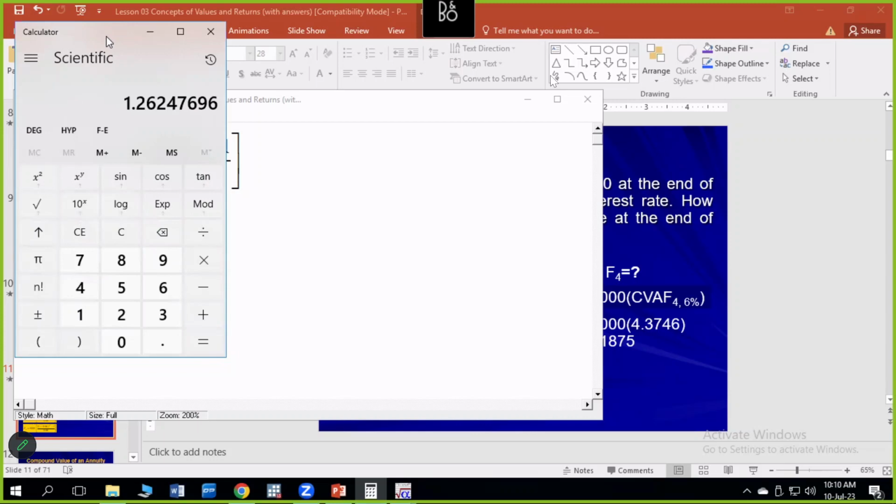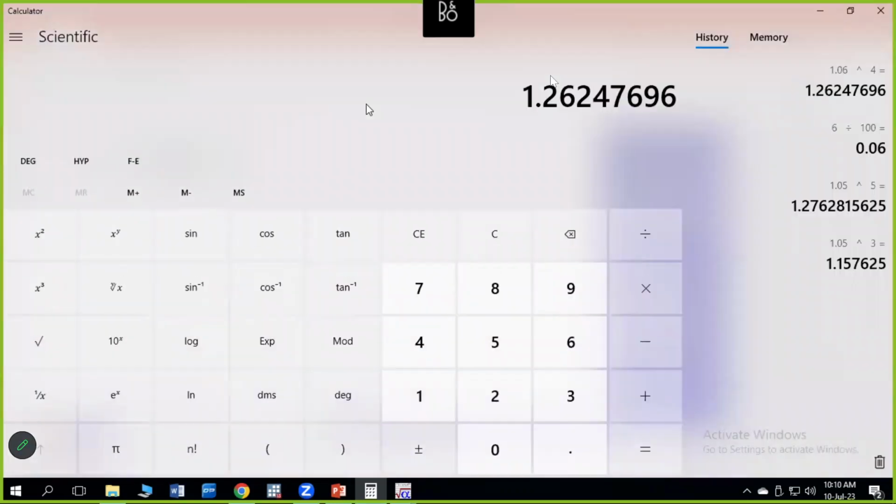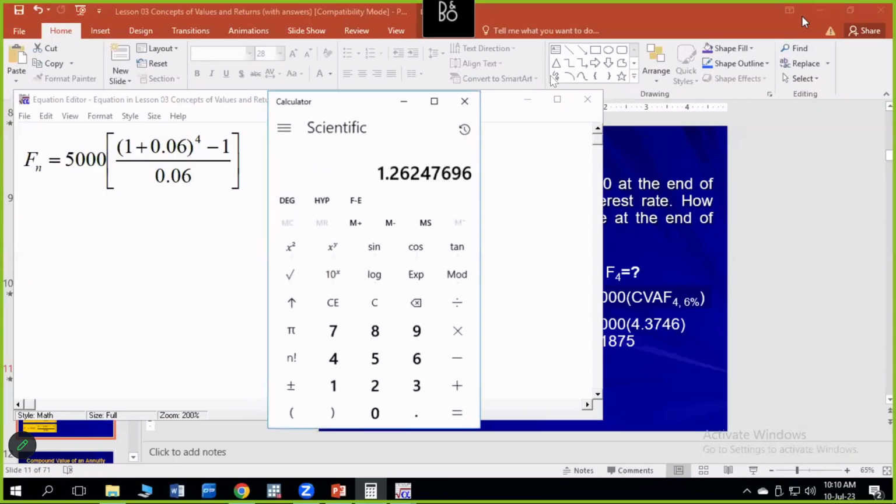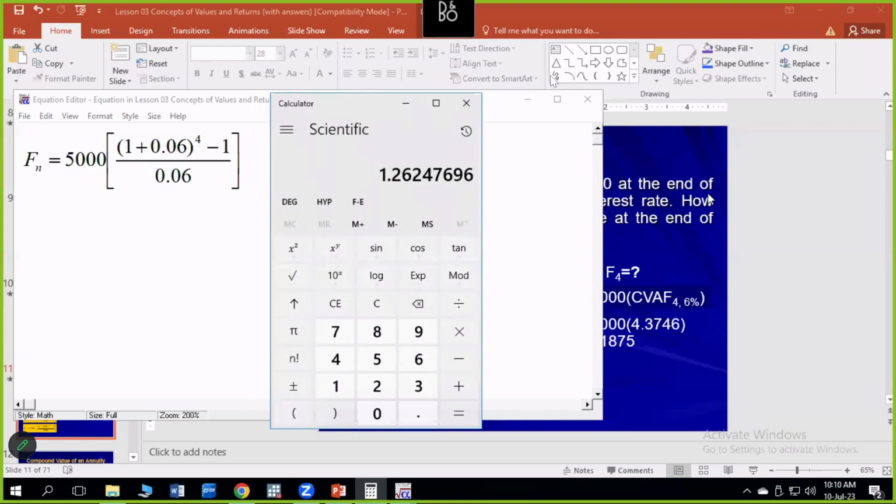Then you minus 1, then the remaining is there.